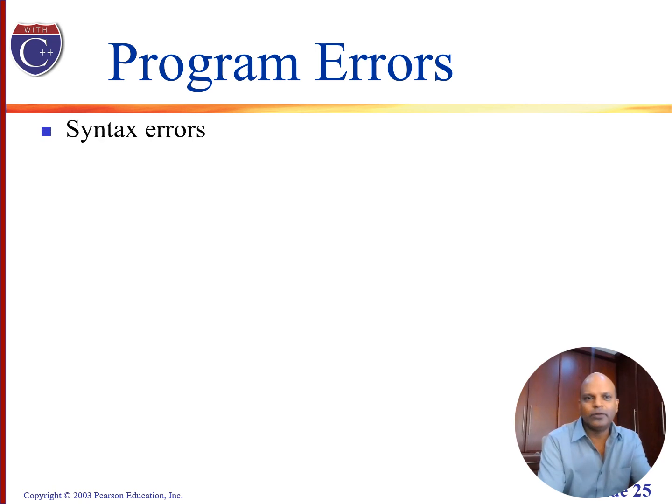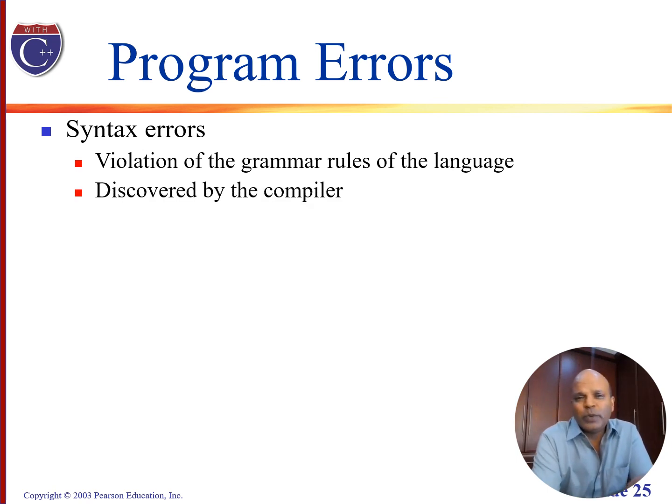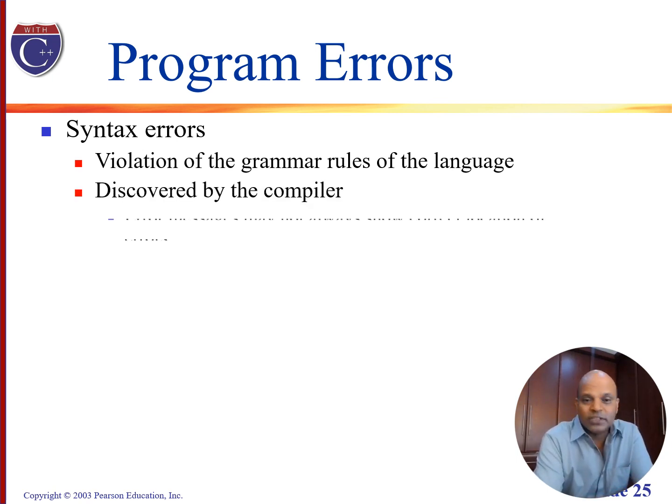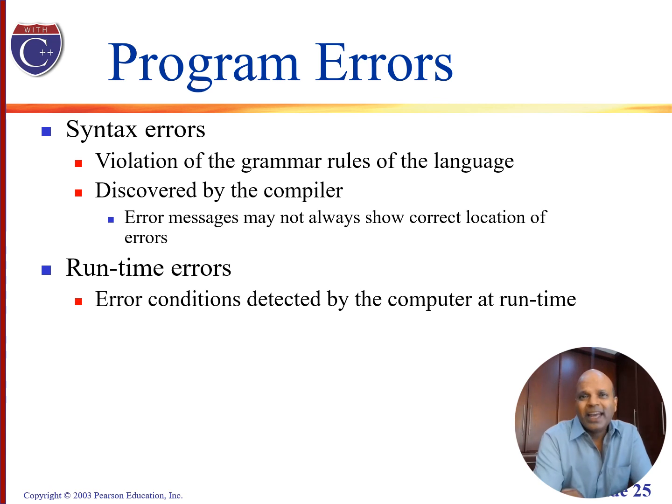You can read about program errors. This is important: syntax errors, runtime errors, and logic errors. A syntax error is where you make a mistake in the grammar or the spelling of the program. That's easy to correct. Like this morning, I may have missed out the semicolon. That's an error in syntax. A runtime error is an error that occurs when the program is running, and the famous runtime error is division by 0.